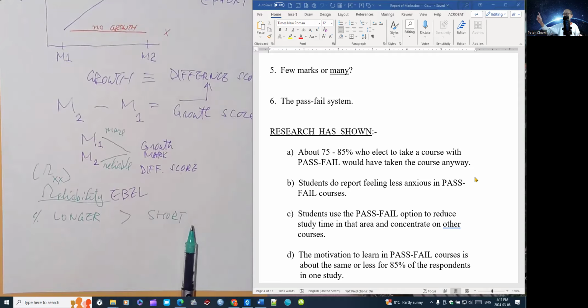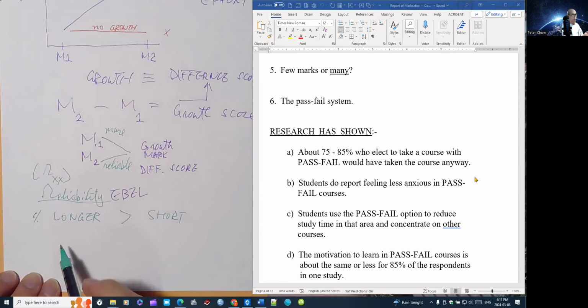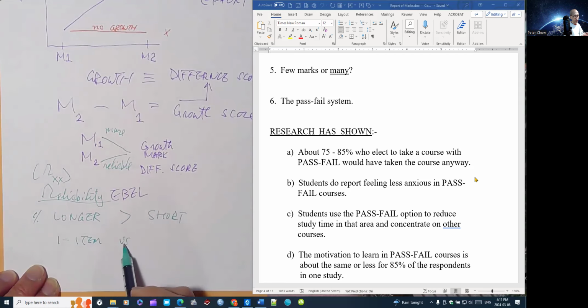If you have a test consisting of only one item, versus a test consisting of 10 items. All right, so you have a one-item test versus a 10-item test.